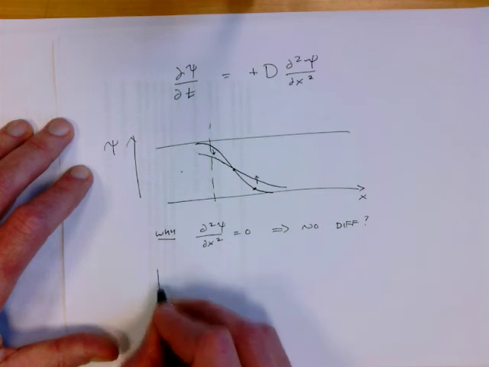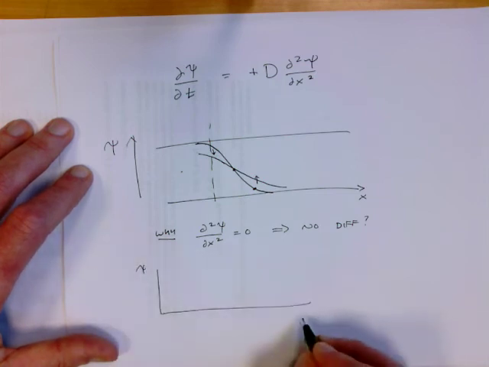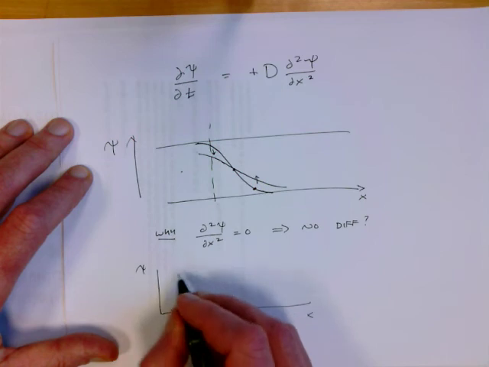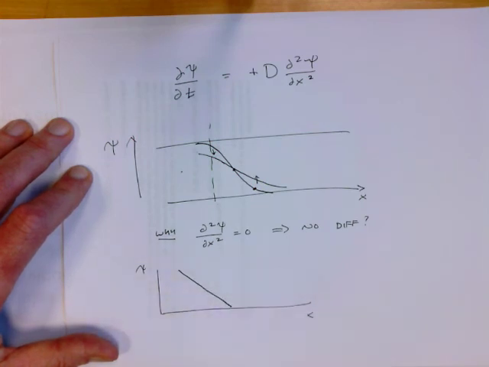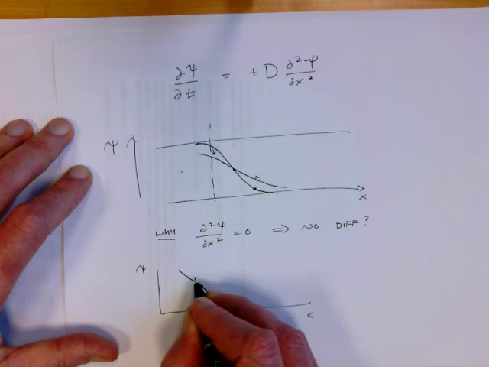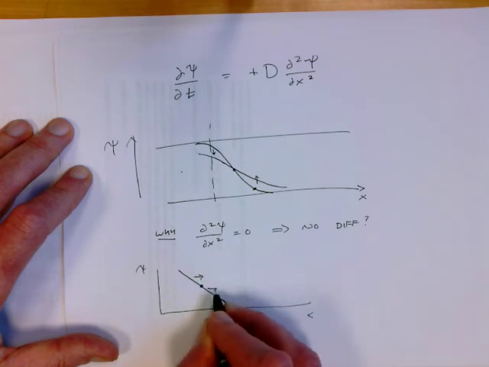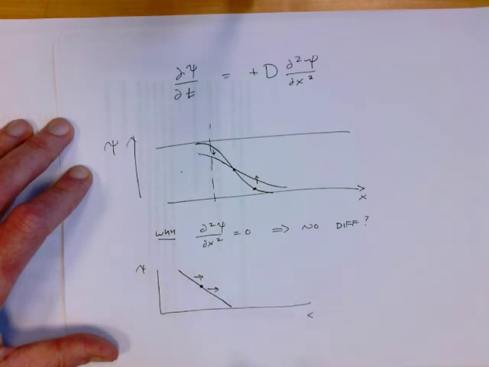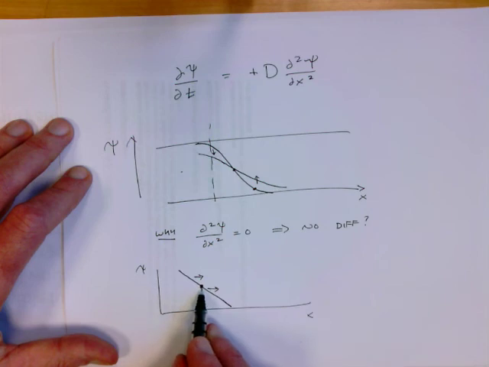And the reason is that if we plot psi versus position, no second derivative means that psi is linearly decreasing in space, right? Which means that the amount of diffusion flux from this side is equal to the amount of diffusion flux on the other side, right? So the amount that's coming in is the same as the amount that's going out. And that's why psi is not changing at this point in space, because the amount coming in at that point is the same as the amount going out at that point.